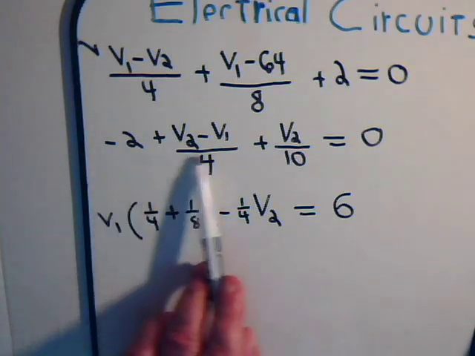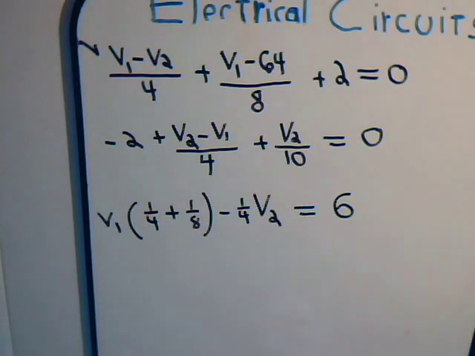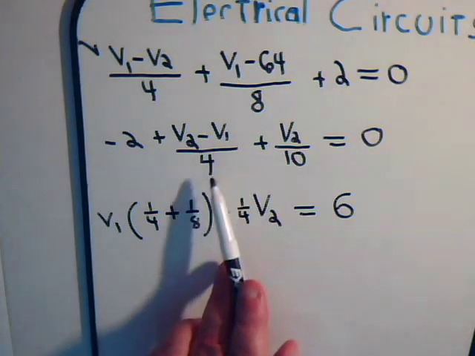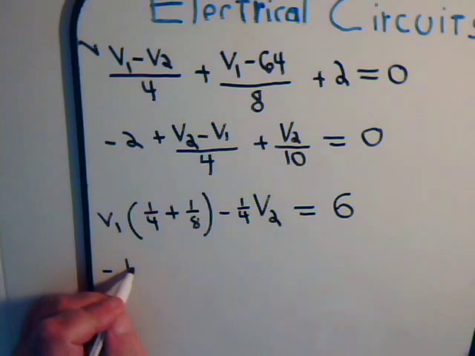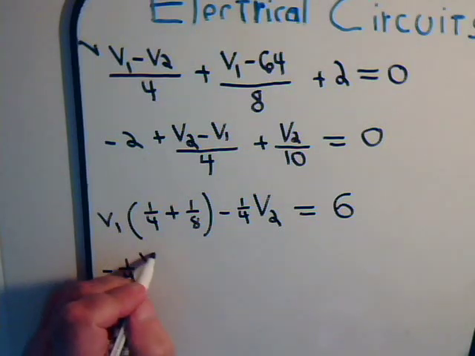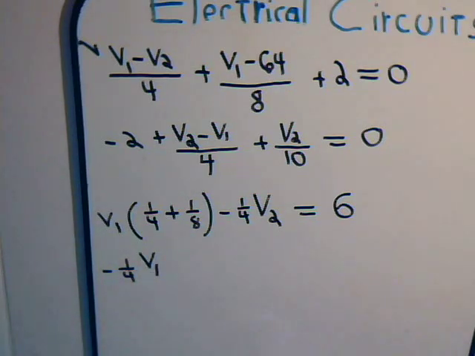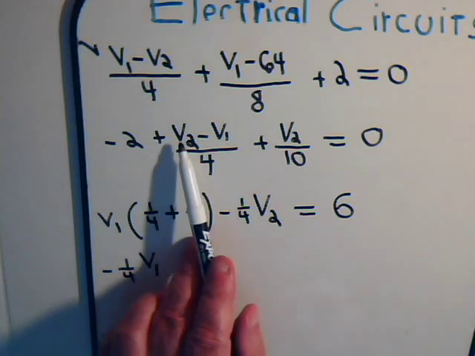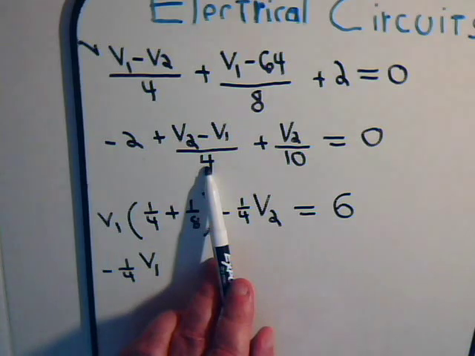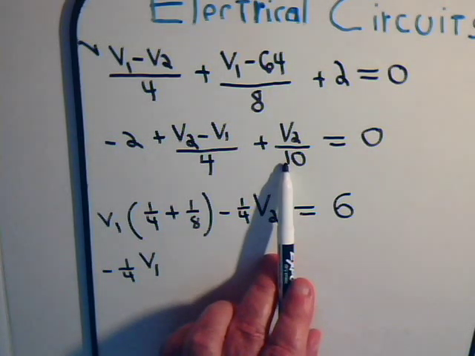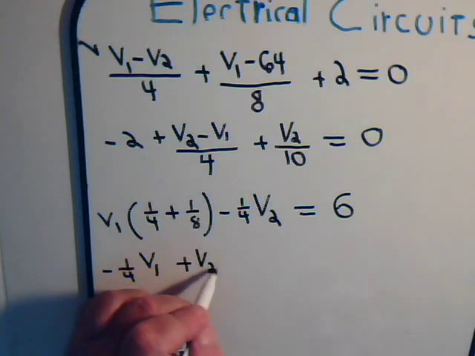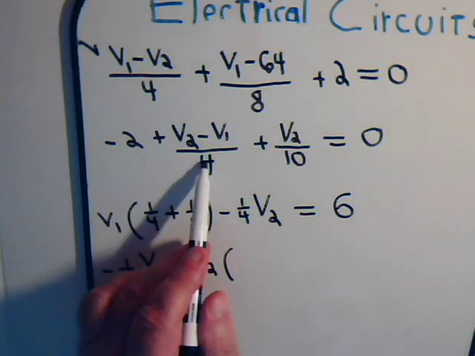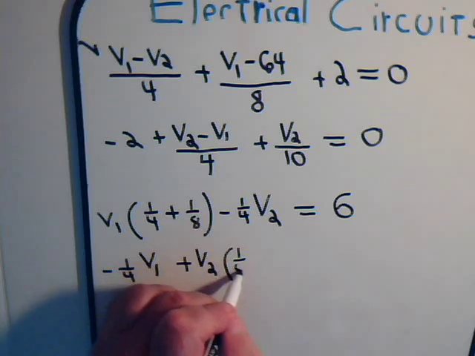Now from this equation we have minus 1/4 times V1, and then here we have V2 divided by 4, and we have V2 divided by 10, plus 1/4 plus 1/10.